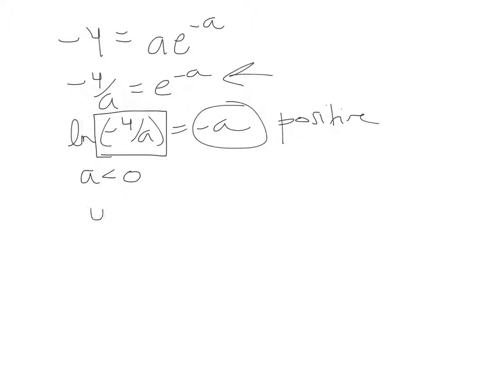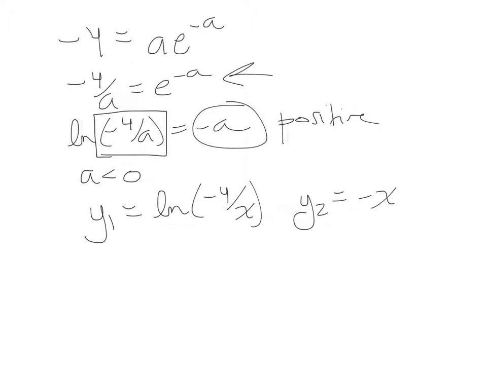So what you want to do is let y1 be the natural log of negative 4 divided by x, and let y2 be equal to the opposite of x. Graph those together and find their intersection point, and that will give you the x-coordinate of the point you're looking for.